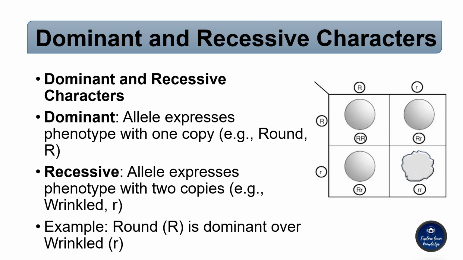A recessive character is an allele that only expresses its phenotype when two copies are present. For example, the allele for wrinkled seed, small r, is recessive, so plants must have the genotype small r small r to display wrinkled seeds.